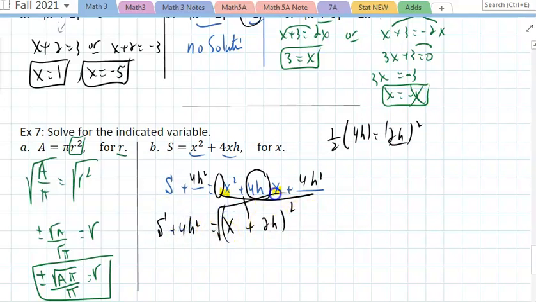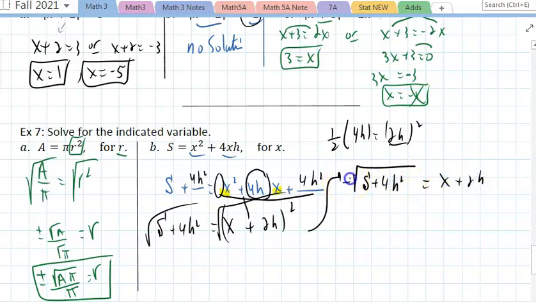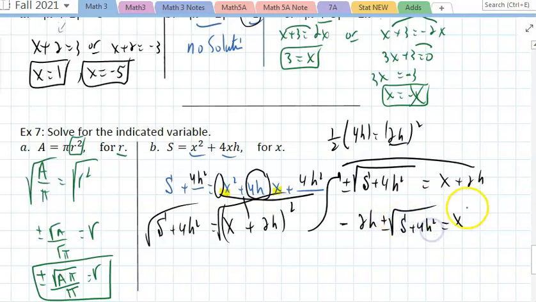And if I square root both sides, I will get the square root of s plus 4h squared equals x plus 2h, plus or minus. Move that over, and x will equal negative 2h plus or minus the square root of s plus 4h squared.